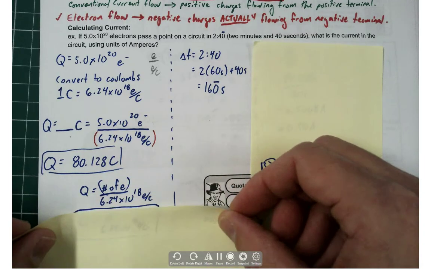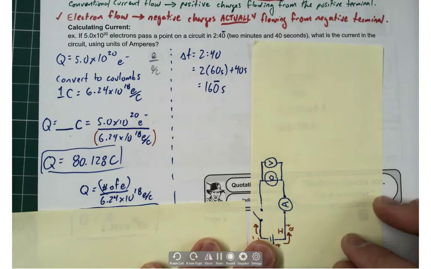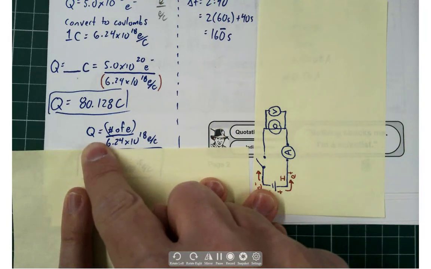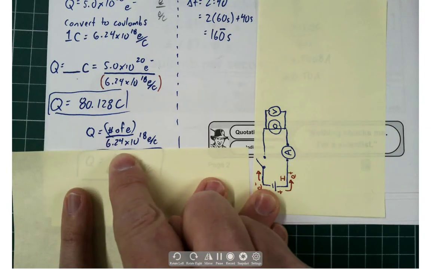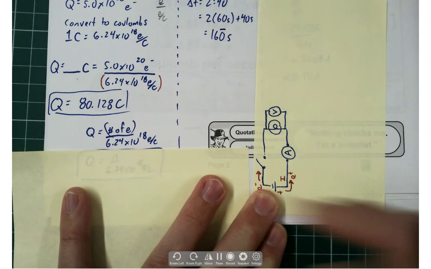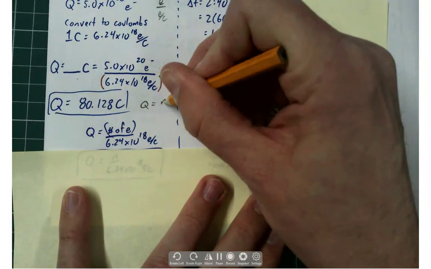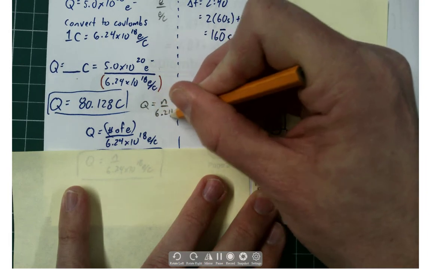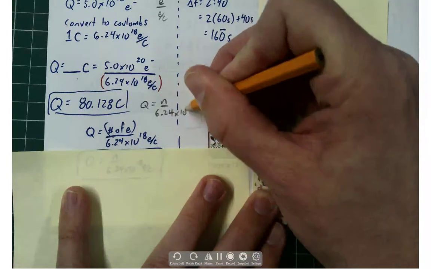Now, people often would like to have a formula for something like this. So actually, there is a formula. The charge that we're talking about would be the number of electrons, or number of elementary charges, divided by the number of elementary charges per coulomb. And so sometimes you'll see people write the same formula as Q is equal to N over 6.24 times 10 to the power of 18.